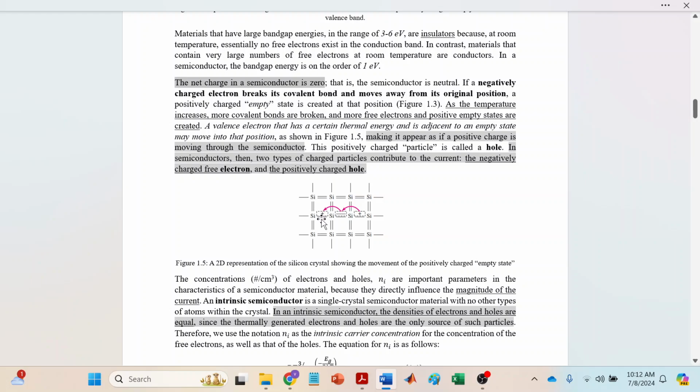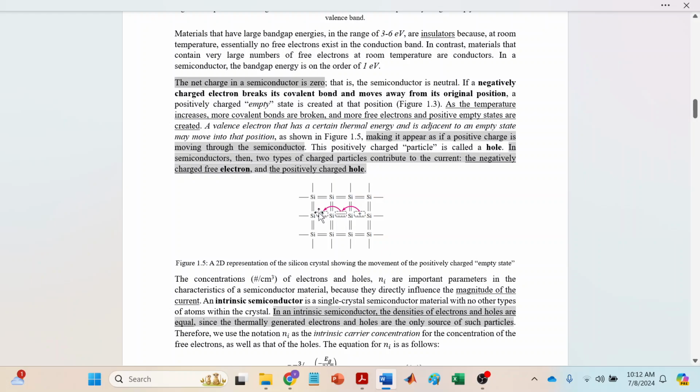So when a negatively charged electron breaks its covalent bond and moves to another position different from its original position, an empty state is created at that position.